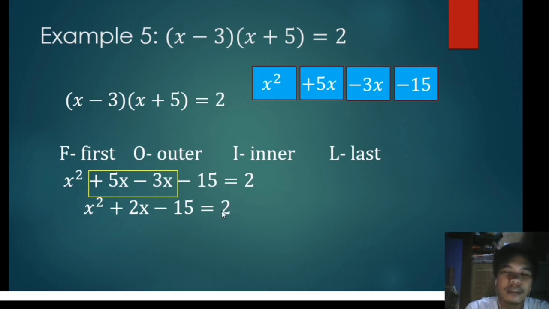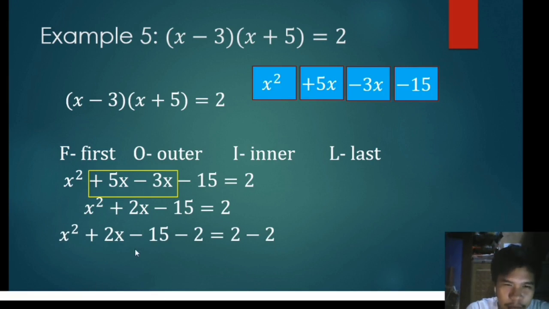Since this is an equality, if we subtract 2 at the left side, we need to subtract 2 also at the right side. So we obtain x squared plus 2x minus 15 minus 2 equal to 2 minus 2. So we have minus 2 on both sides of the equation.